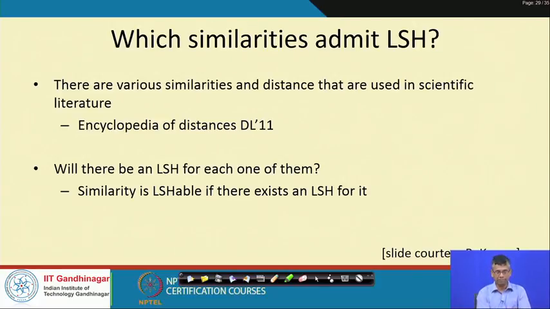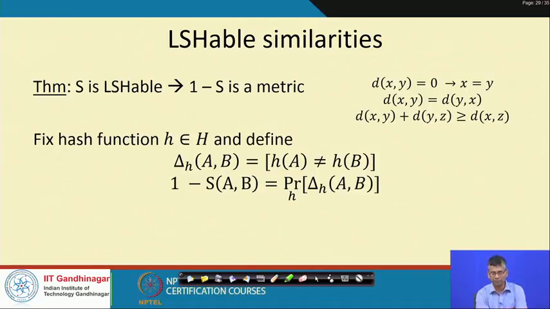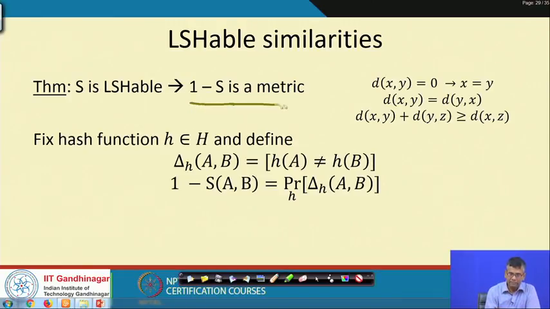Let us just call a similarity measure LSHable if there exists an LSH for it, just a shorthand. And here is a very simple theorem. We say that a similarity measure s is LSHable. This implies that 1 minus s is actually a metric. What is a metric? A metric satisfies these three properties. That d of x y is 0 implies that x equals y, but this is already satisfied by 1 minus s, because s satisfies the corresponding property.